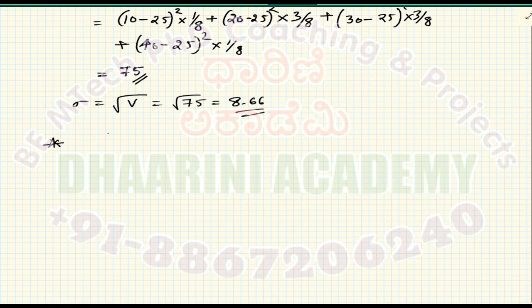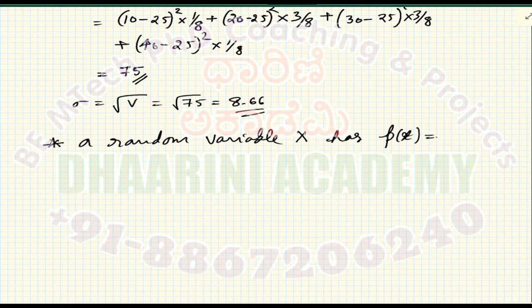A random variable, capital X, has a p of x distribution function of 2 to the minus x. This is the probability density function, with x taking the values 1, 2, 3, 4, and so on, any value you can take.